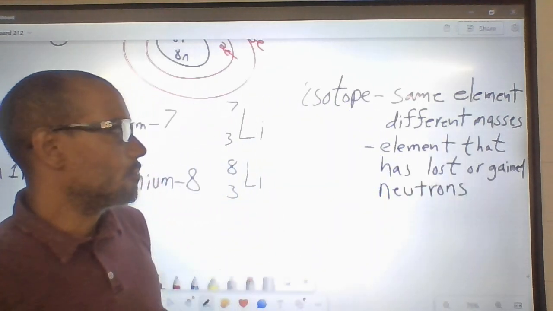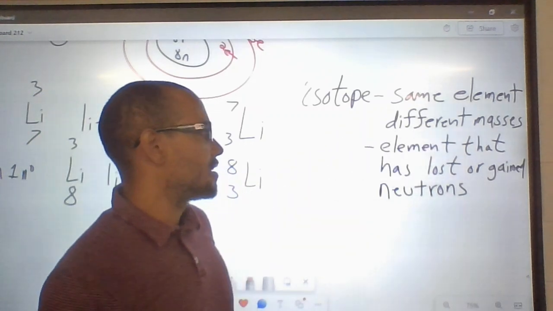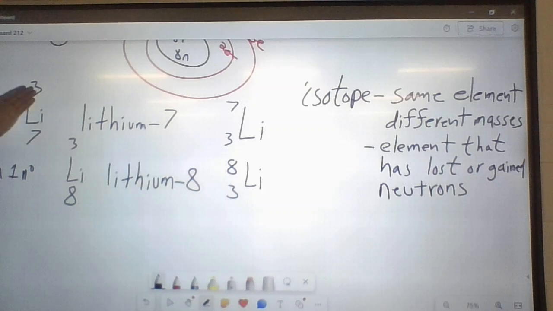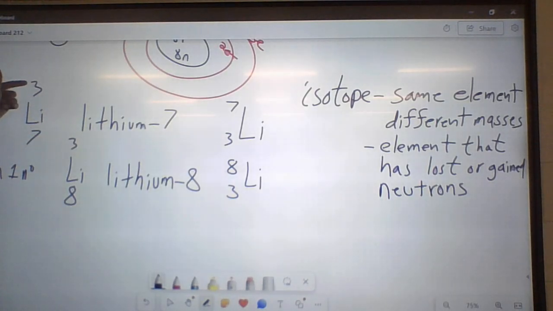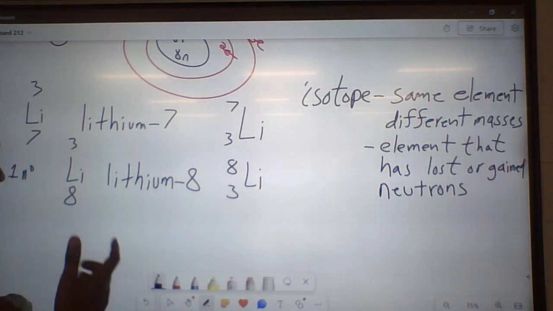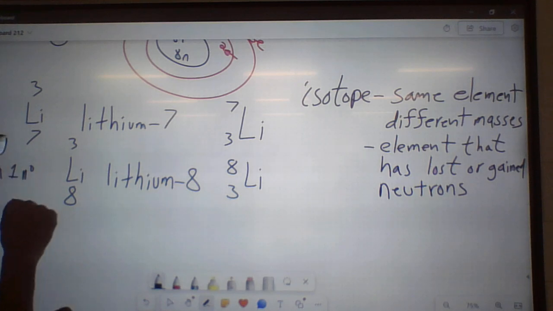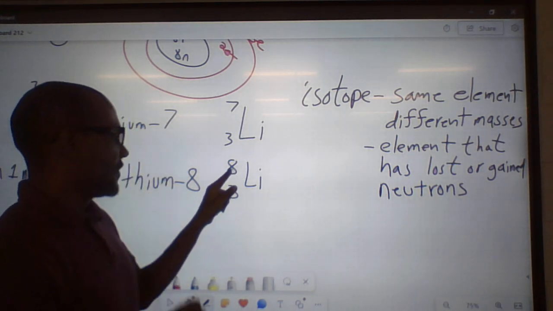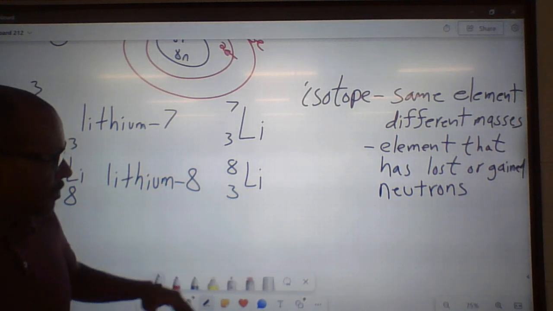This is an element that has lost or gained neutrons. We can see here that this gained 1 neutron. So now instead of lithium 7, its mass is increasing, lithium 8. If it had lost a neutron, we'd see lithium 6. The symbolic notation would have a 6 at the top and a 3 at the bottom.